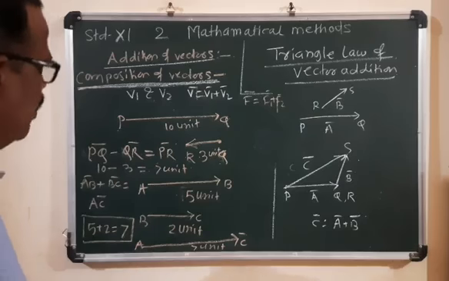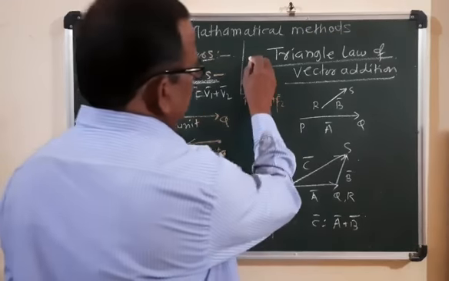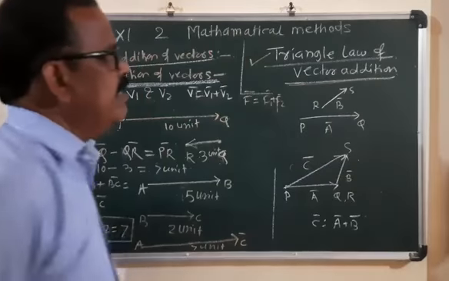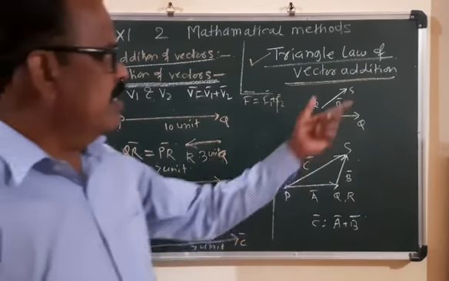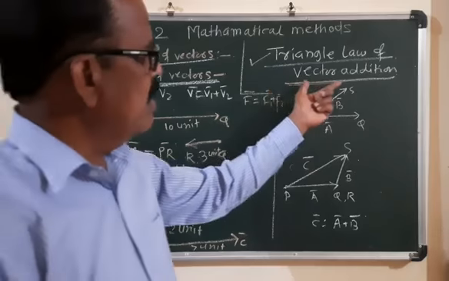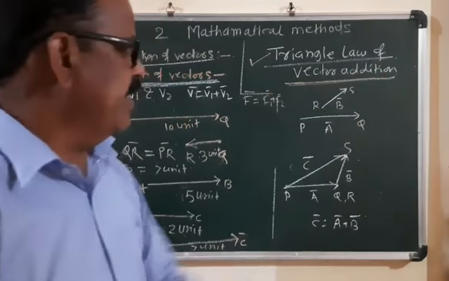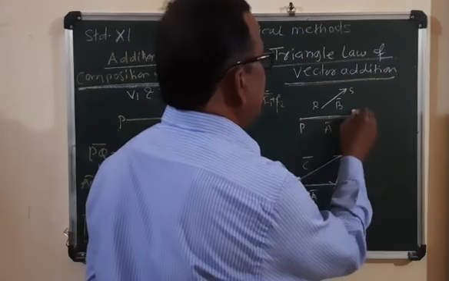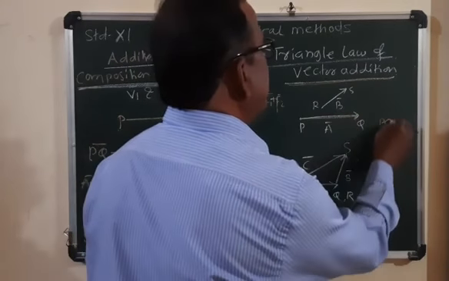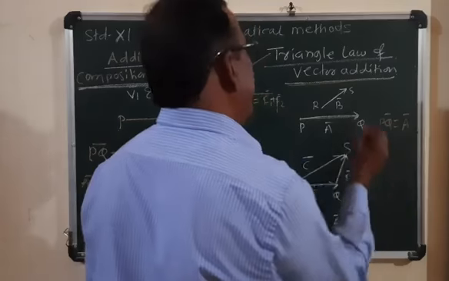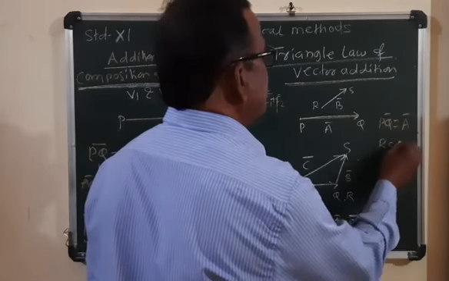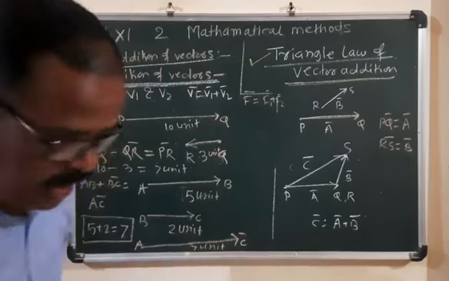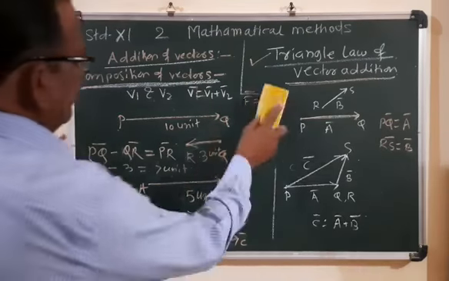Next, we have to explain the idea of the triangle law of vector addition, that is, how two vectors are added to each other by using the triangle law of vector addition. In this case, we consider two vectors, the vector PQ bar is equal to A bar, and the next vector RS bar is equal to B bar. These two vectors can be added by the triangle law of vector addition.